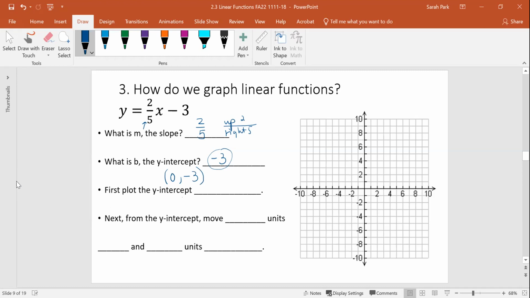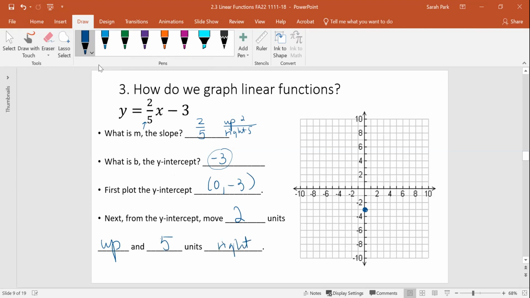First, let's plot the y-intercept. Actually, I should have written it there, (0, -3). So we're going to go to the y-axis, go to (0, -3). There's our point. Next, from the y-intercept, we're going to move 2 units up and then 5 units to the right.